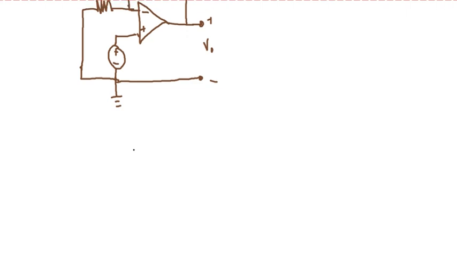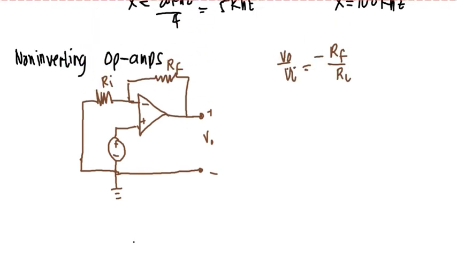We are going to use the analysis for ideal op-amps, wherein we consider that I negative is equal to 0, I positive is also equal to 0, and V negative is always equal to V positive.